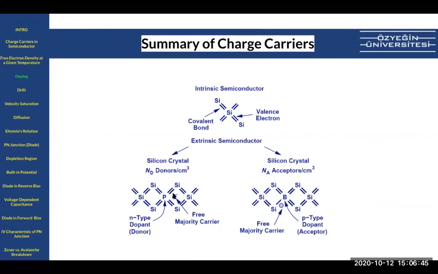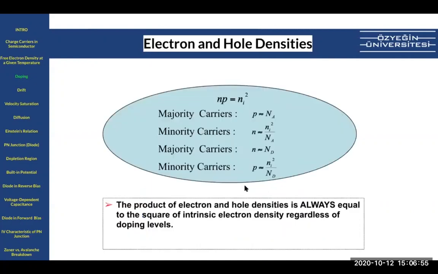On the left, you can see electrons become the free majority carriers, and on the right, holes become the free majority carriers. So we have this formula, and it says that the number of electrons times the number of holes always equals the number of free electrons squared, n times p equals ni squared. This formula is valid at all times, but at different temperatures.